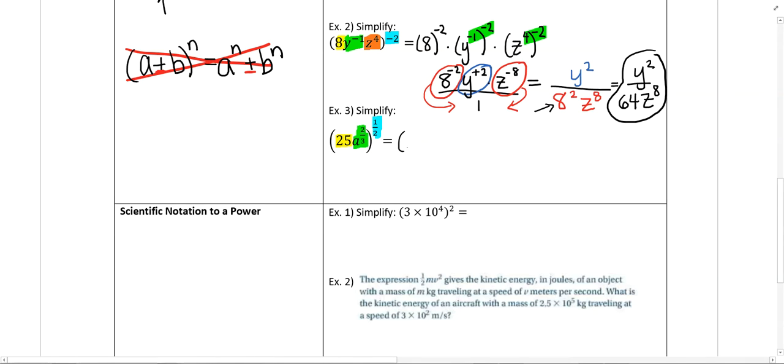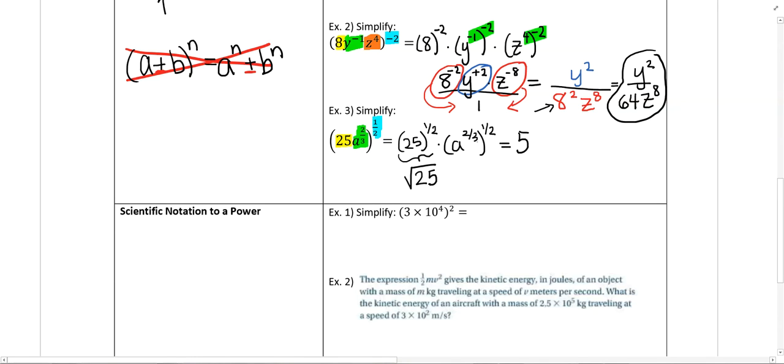So we start there. So 25 to the 1/2 power times a to the 2/3 to the 1/2 power. Let's apply what we know to figure these out. 25 to the 1/2 power is the same as the square root of 25, which is 5.